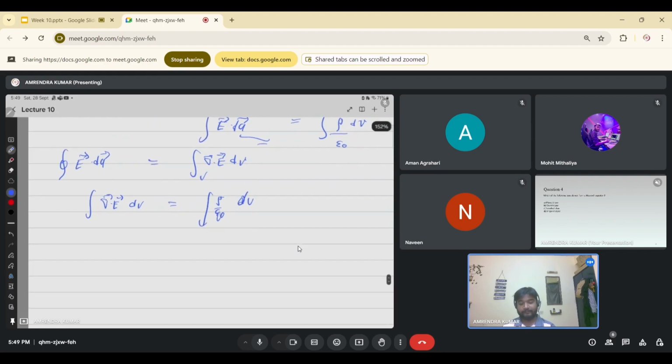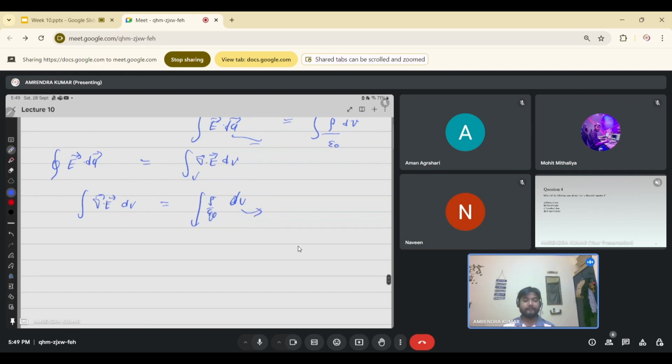From here you can compare that, for an arbitrary volume, del dot E is equal to rho over epsilon naught.